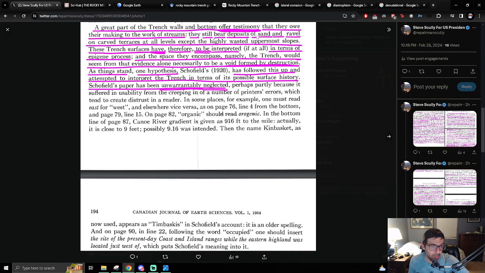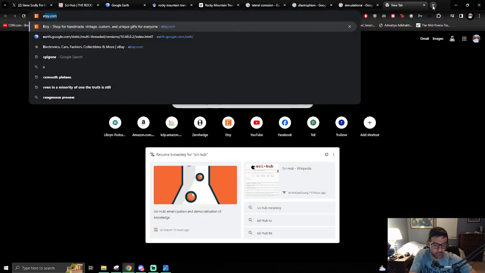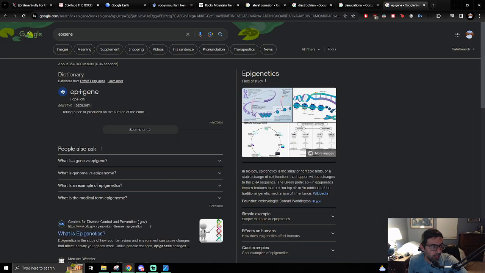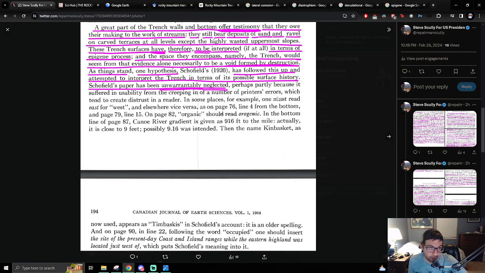They still bear deposits of sand and gravel on carved terraces at all levels except the highly wasted uppermost slopes. These trench surfaces therefore have to be interpreted in terms of epigene processes. So epigene, taking place or produced on the surface of the earth, not fault processes in the earth.